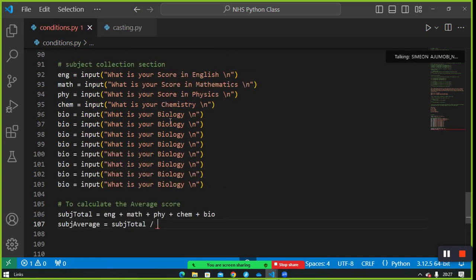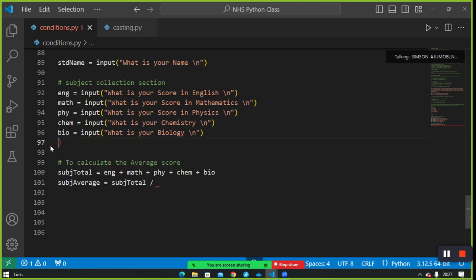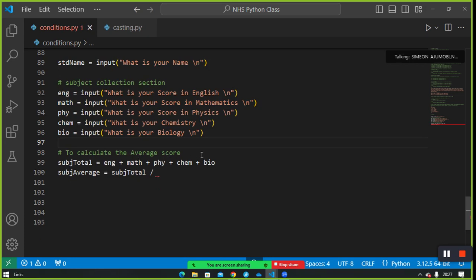As it increases, Python increases it. As it decreases, Python decreases the number of subjects also. But for this level, we are going to be using this 5 for now, and that 5 is how we've calculated the average score.